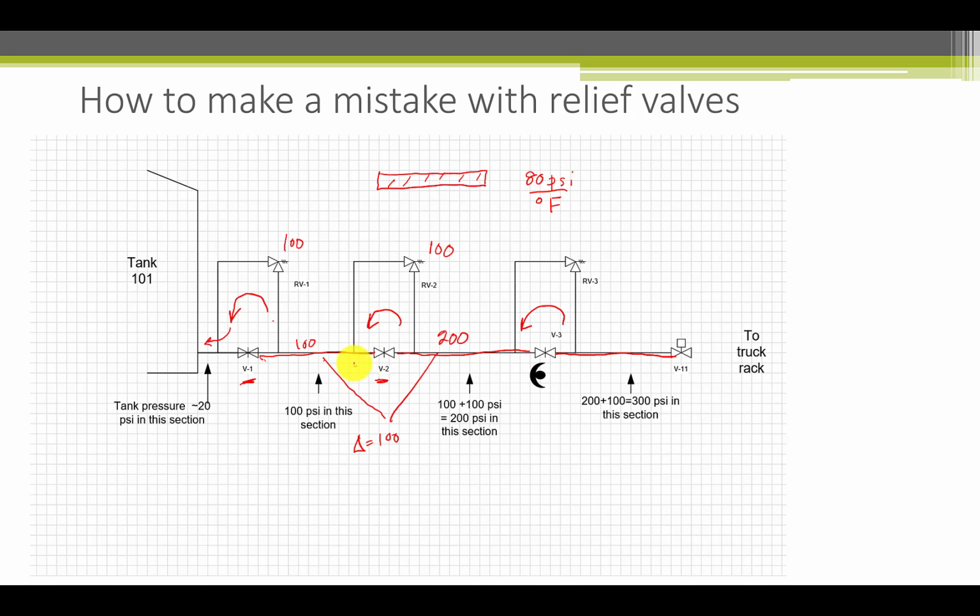It's working on differential pressure. Similarly, the pressure in here will be 300 psi when it relieves.